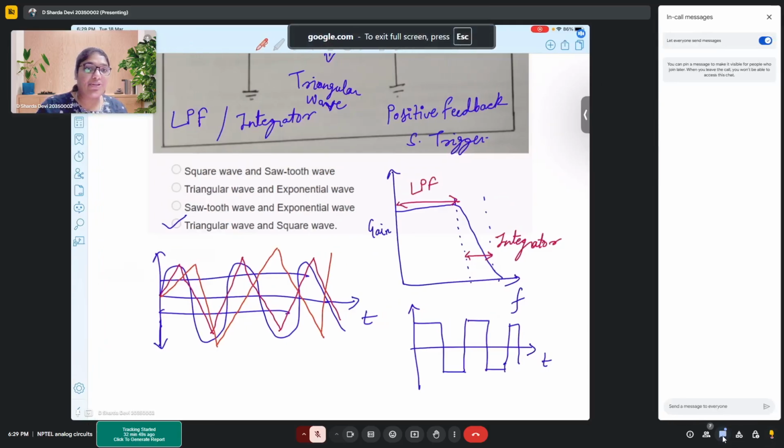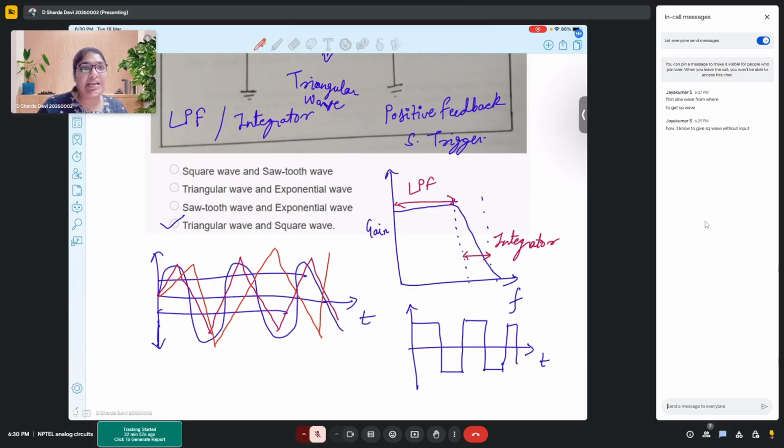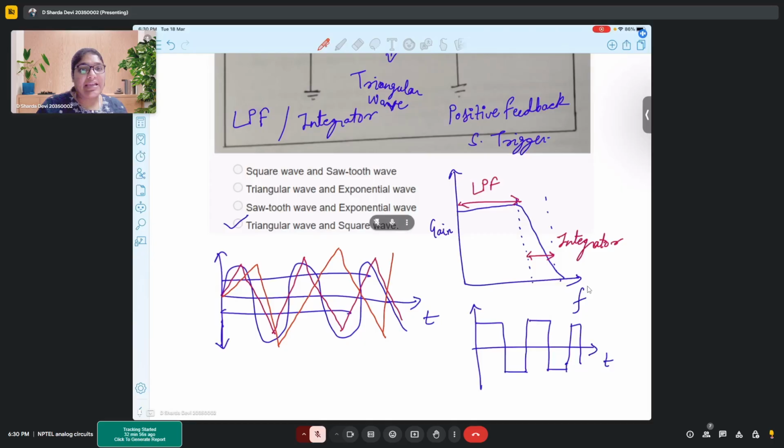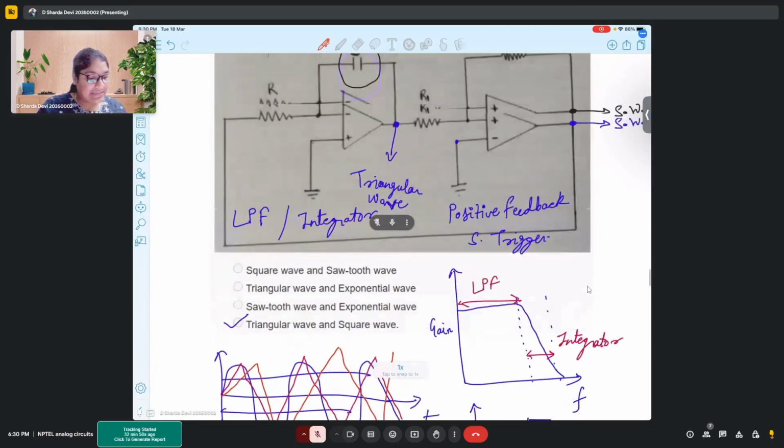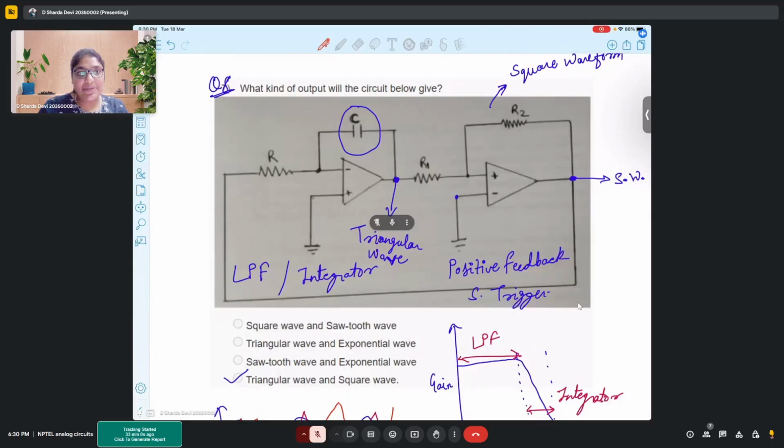The question was that, okay, how can it give us a square wave without any input, right? So see, again here there is a capacitor element, right? Whenever there is a capacitor, definitely charging and discharging of capacitor happens. So let's say in the beginning you just connected the capacitor and it didn't have any charge, and now based on the output you will have some output, right?